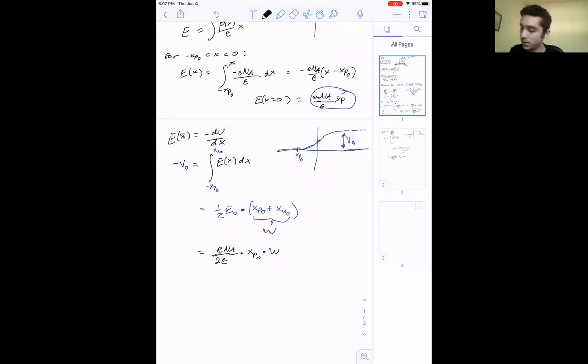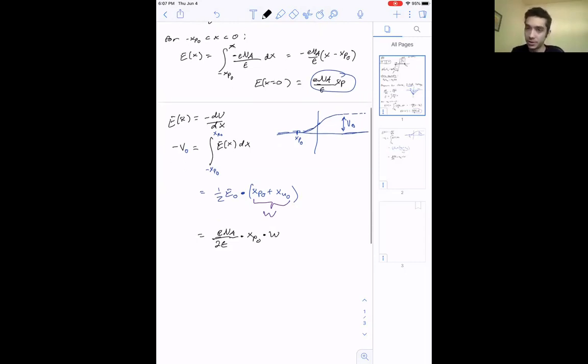Okay, so now one last point is, we have a variable mismatch with the xp naught and the W, so this is where you're going to use the charge neutrality condition. So we found that earlier to be this.